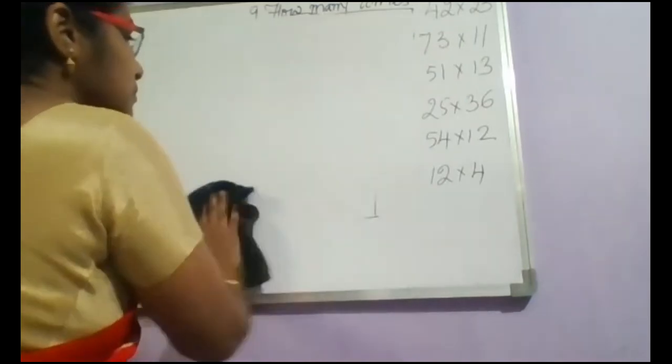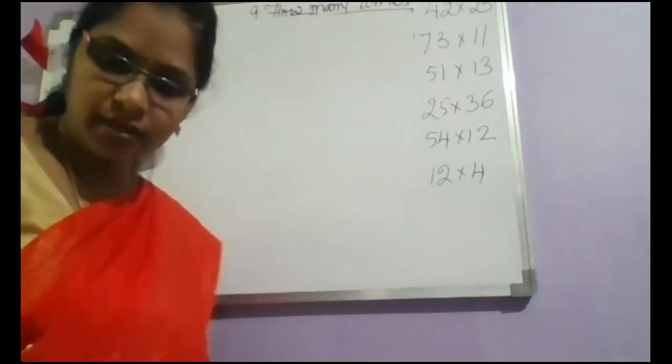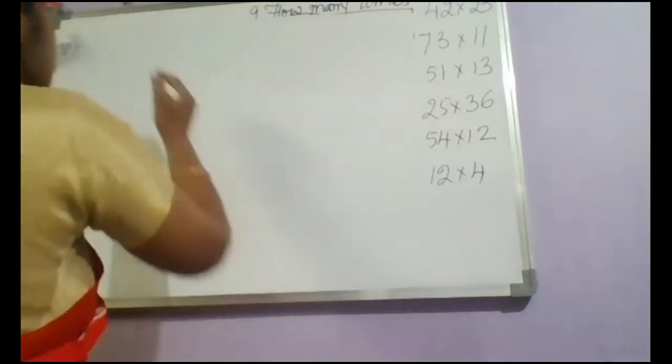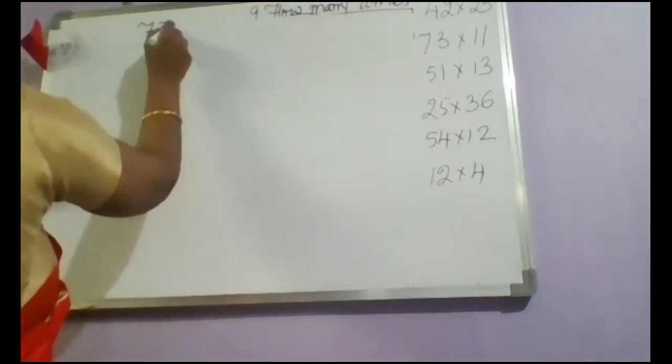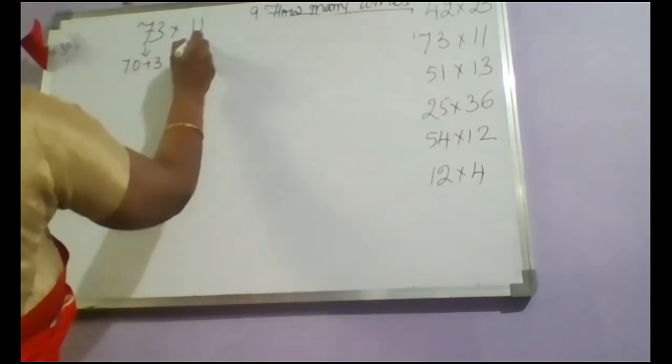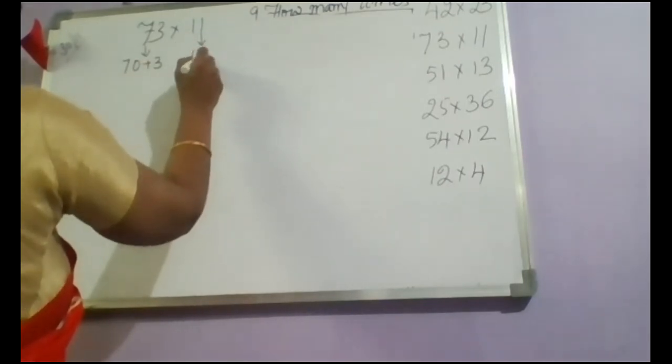73 into 11. Second problem, 73 into 11. Please check this. First, the expansion method. How to write 73? 70 plus 3.